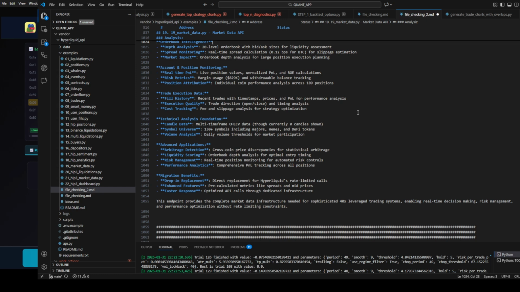The advanced applications: arbitrage detection, cross-coin price discrepancies for statistical arbitrage, liquidity scoring, order book depth analysis for optimal entry timing, risk management, real-time position monitoring for automated risk controls, performance analytics, comprehensive P&L tracking across all positions.